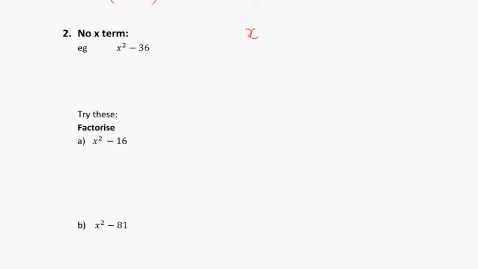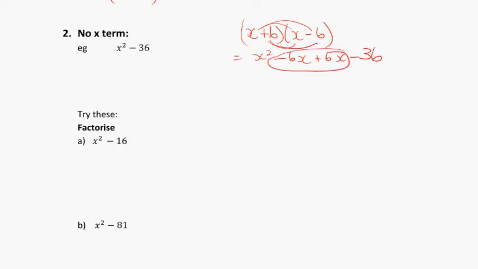If I expanded x plus 6, x minus 6, same expression with two different signs, remember I got x squared minus 6x plus 6x minus 36. What happened to the middle term? It disappeared, and we get x squared minus 36.